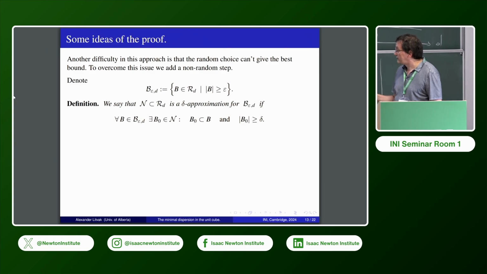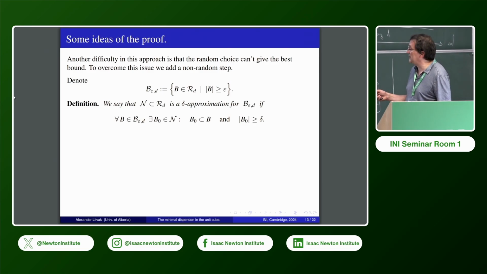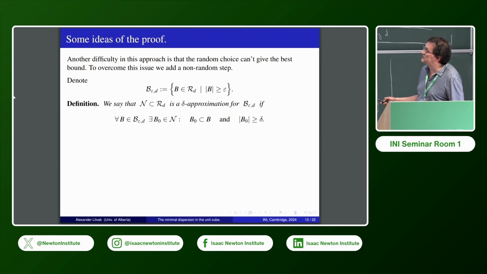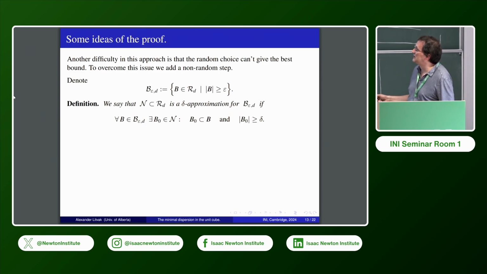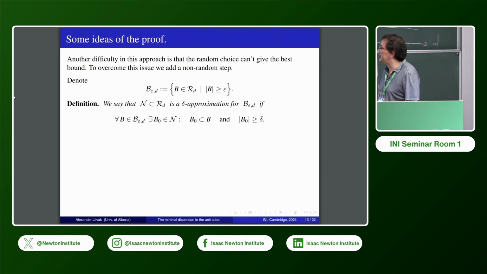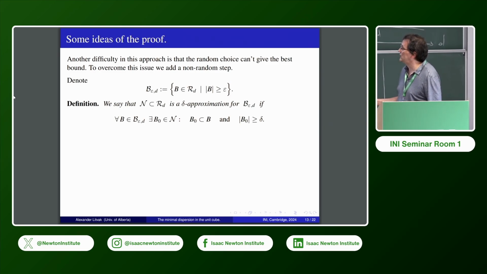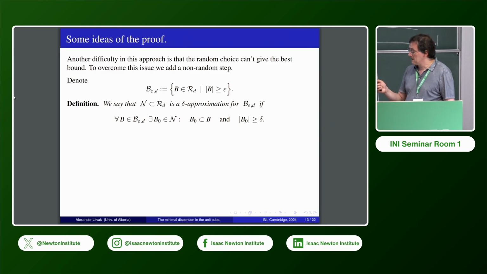And I want to say that my set of test boxes is a delta approximation for this set if for any set from here I can find a rectangle from my N such that this rectangle is contained in B and its volume is larger than delta. So I need to control volume and I don't want to lose too much, so delta will be very close to epsilon.